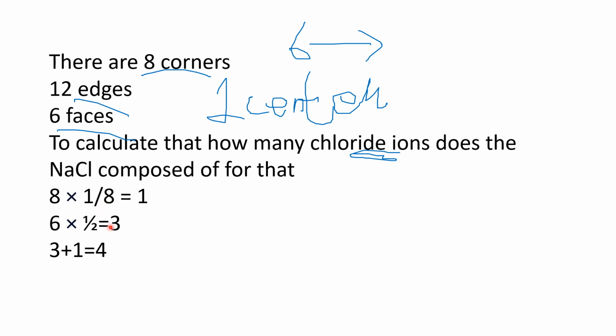That means we have 3 ions on the faces. Now if we add these both, what will be the answer? It will be 4. That means the ions are 4.